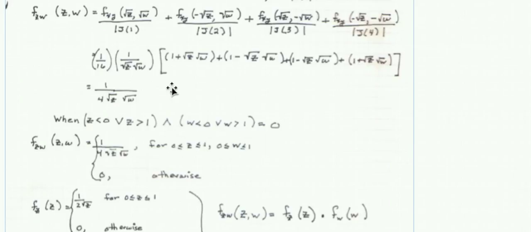These are the four roots, which when simplified come down to 1 over 4 the square root of z times the square root of w.